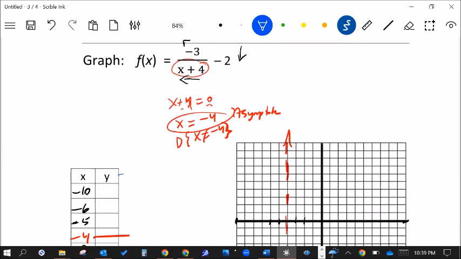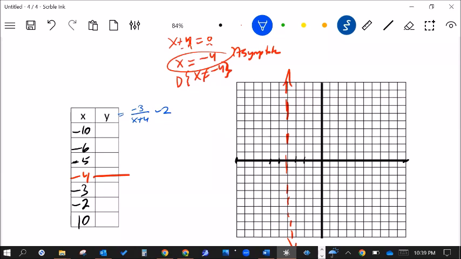So y is equal to -3 over x plus 4 minus 2. If I put -10 in there, I get -3 over -6, which is a +1/2, minus 2. So -2 plus 1/2 is -1.5.